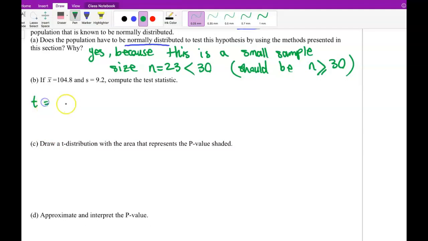So T is equal to. I'm not writing the 0 here, that's fine because we only have one mean on this board. But if you're writing it, that's fine, you can write it this way.